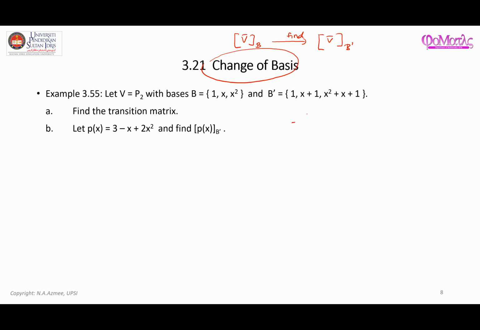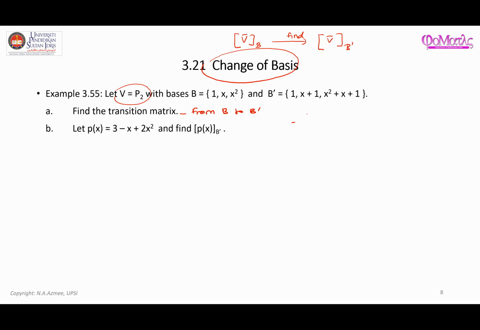Right, so let us look at this example here. We have the vector space of polynomials of degree 2, and here are the bases, B and B prime, and you are asked to find the transition matrix from B to B prime.